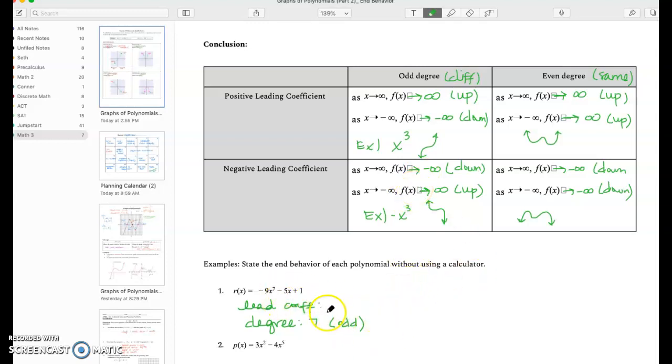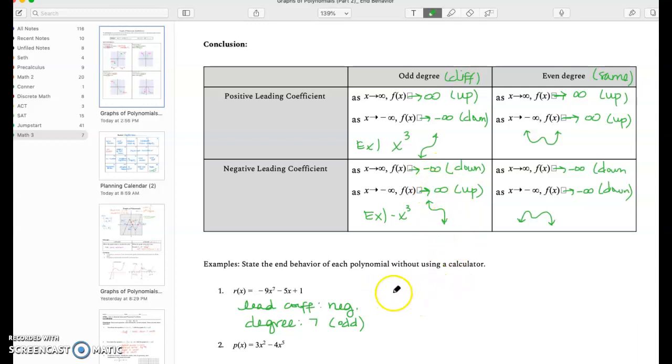And if it's a leading coefficient that is negative, then my brain kind of needs to go in the direction of, okay, it's been reflected across the x-axis. So we can go up here to the table. So we look where we have an odd degree with a negative leading coefficient.